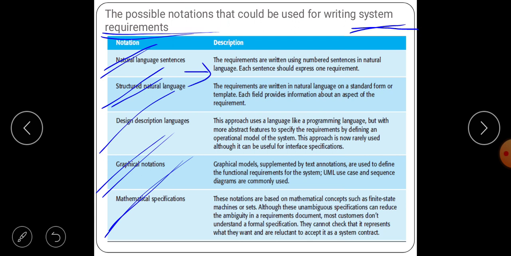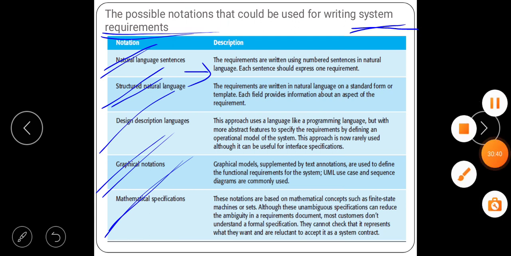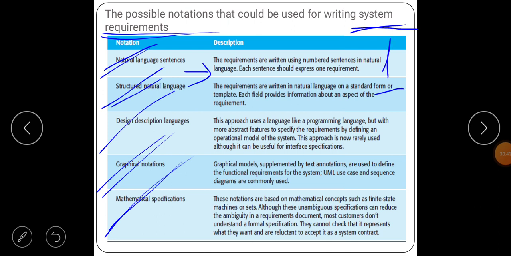The requirements are written using numbered sentences in natural language. Such a sentence should express one requirement. Means they are telling that you have to give numbering like 1.